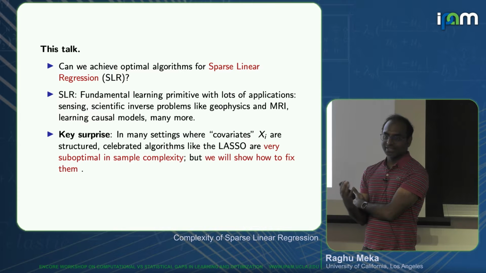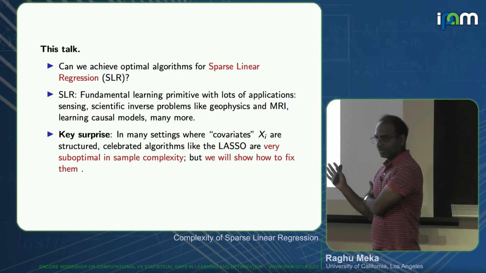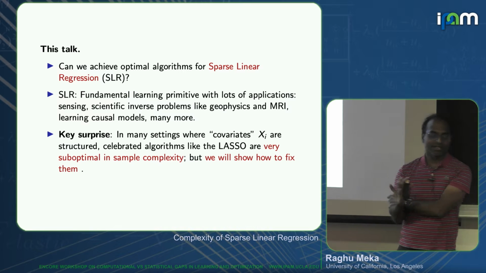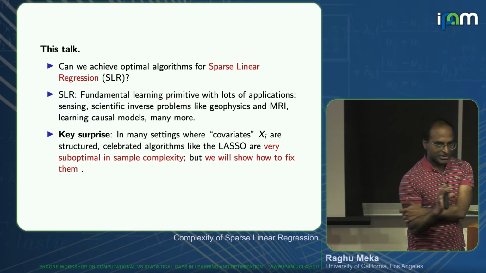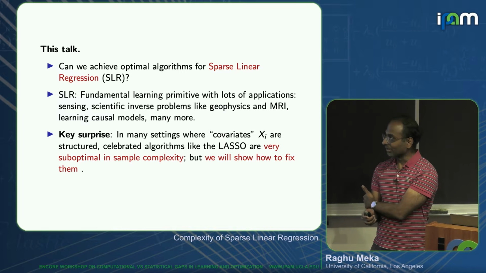And it's not just that our analysis fails for them, they actually fail in practice. But in many interesting cases, you can find tricks to fix them. So find some nice algorithmic ideas which are pretty efficient, which will make the old algorithms work. That should be the main takeaway.